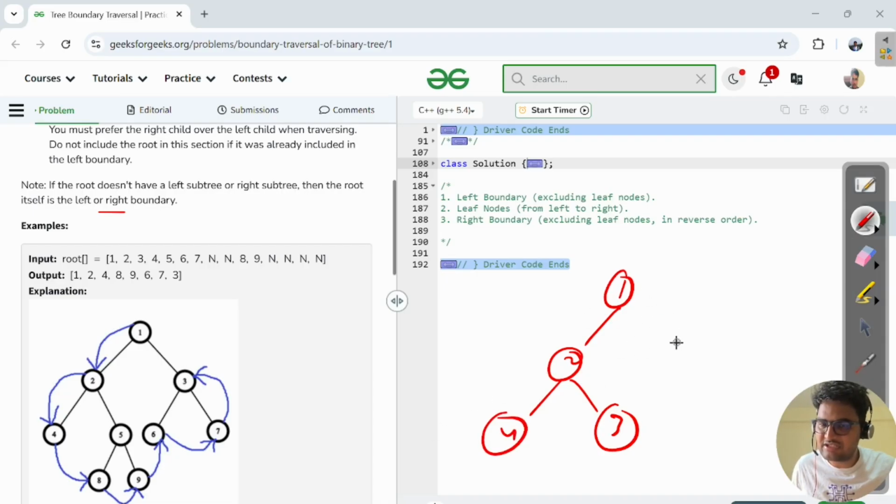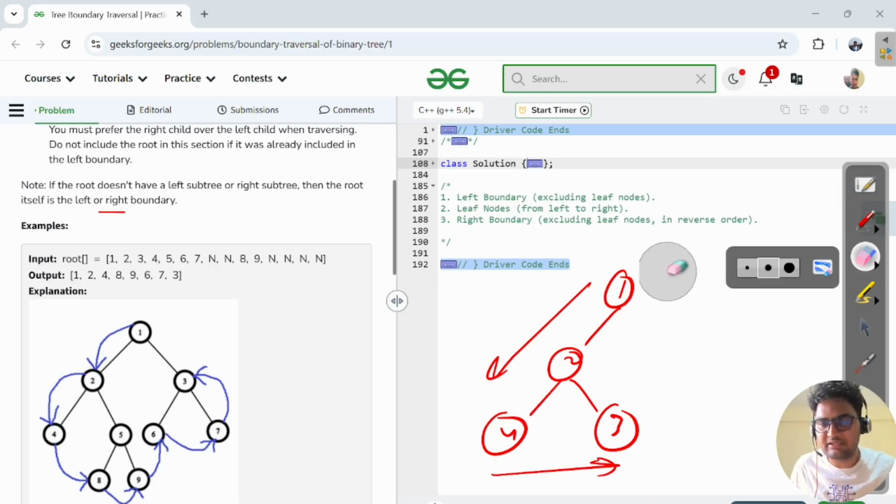So in this tree right is not there, so the root itself is considered as the right boundary. That is what is mentioned here. Left we have, so we will go this side, then this side, and here we will not go to the right side because the root itself is the right boundary, and it got included during the left boundary traversal. Correct. I hope you are getting this.